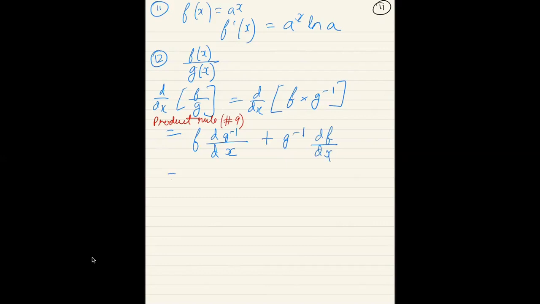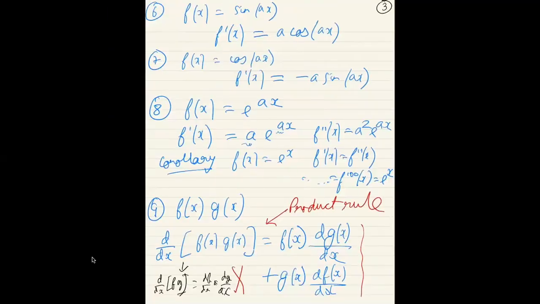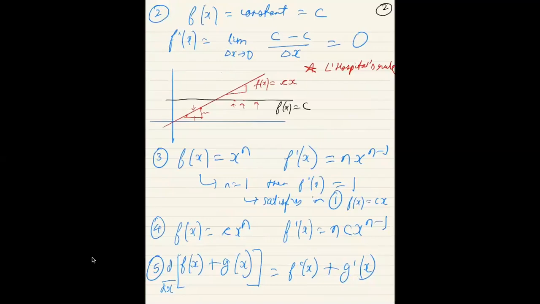So now we can treat this using the chain rule. We can say that this thing is f dg inverse by dg, dg by dx, plus g inverse f prime. I'm going to use this shorter notation. Now let's use rule number 3.